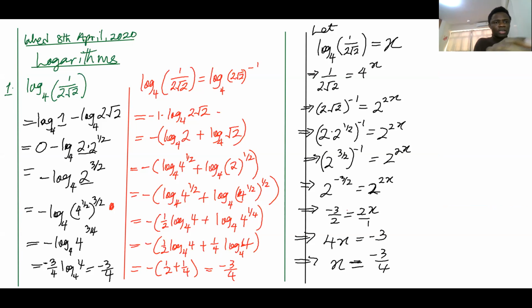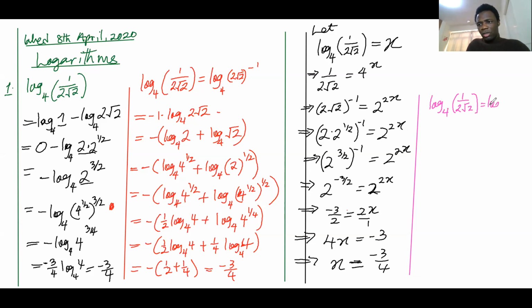I'd just like to add that Elson's approach doesn't have to be in this group. So maybe we could write this. From what Elson did here, log 4, 1/2√2.